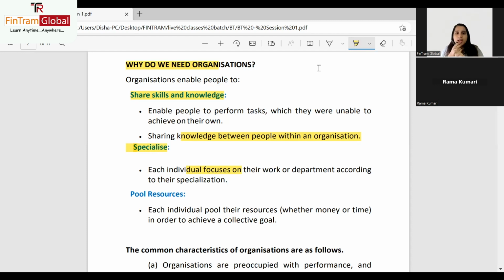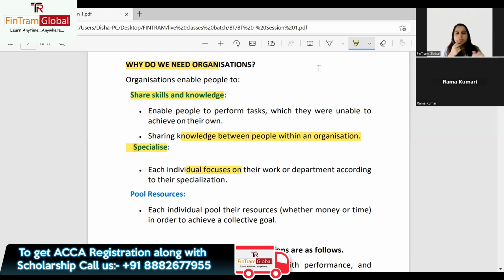Probably someone who has done an MBA would go and work in the marketing department. So there is specialization. Those who are specialized in a particular field, whether it's finance or human resources, will be working in those departments. So an organization enables people who have those specialist skills to work in those particular departments.